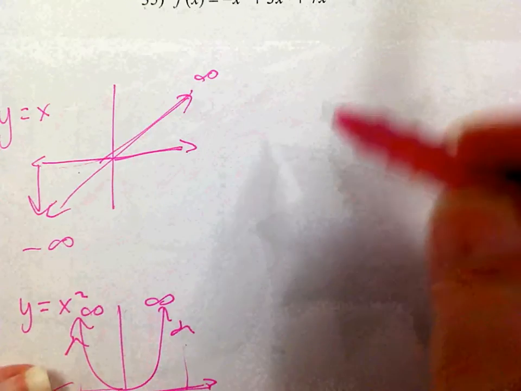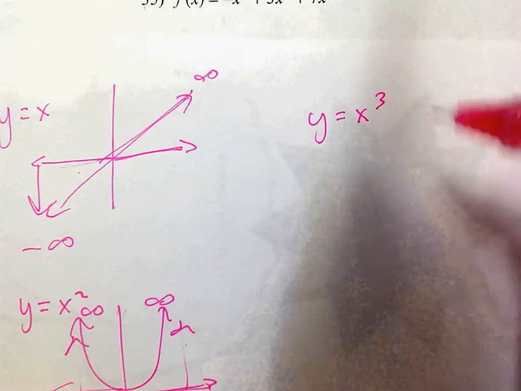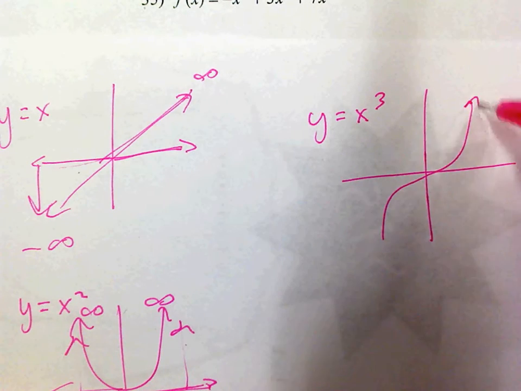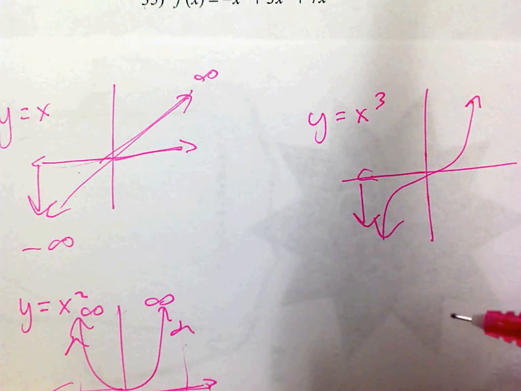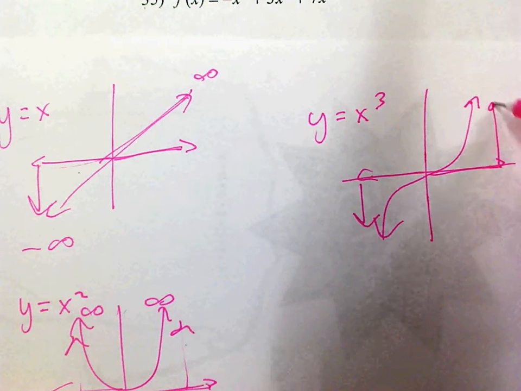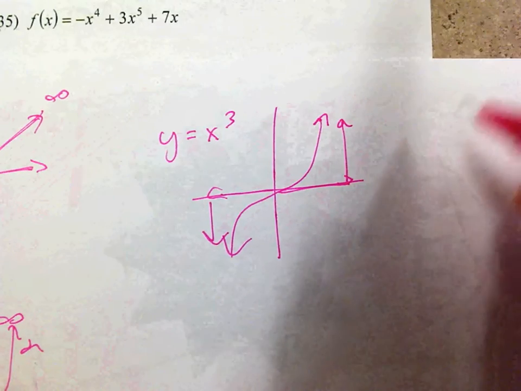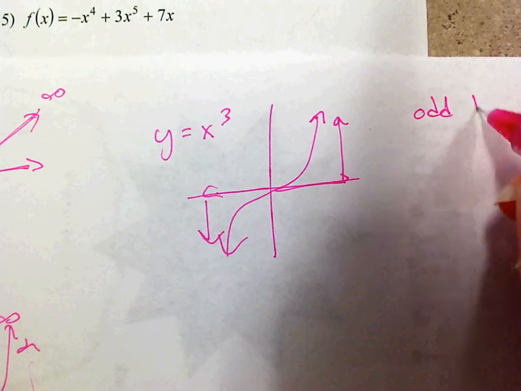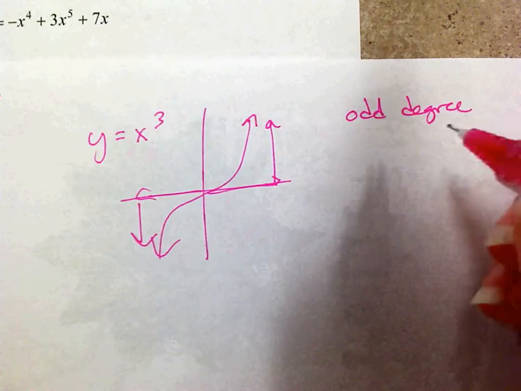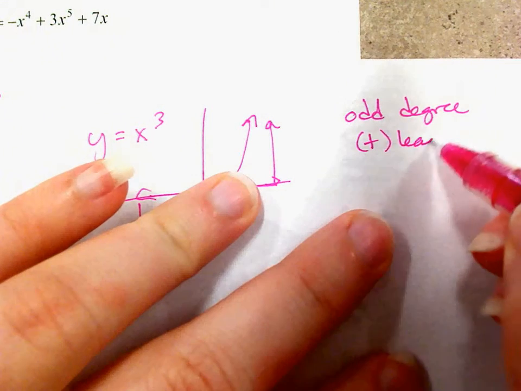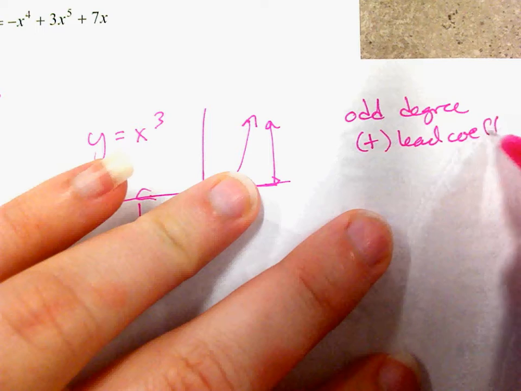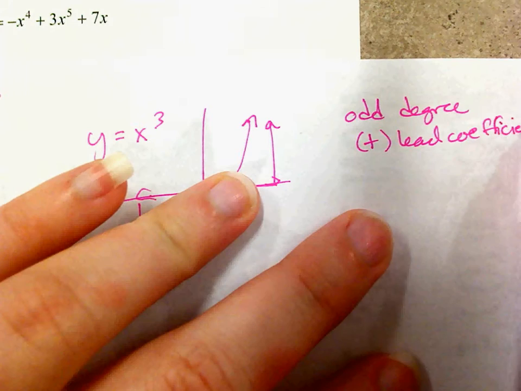On this one, y equals x cubed, well, it's similar to y equals x. As x goes to negative infinity, y goes to negative infinity. As x goes to positive infinity, y goes to positive infinity. So in general, functions with an odd degree and a positive lead coefficient, and it's only the lead coefficient that matters because that's the highest term.